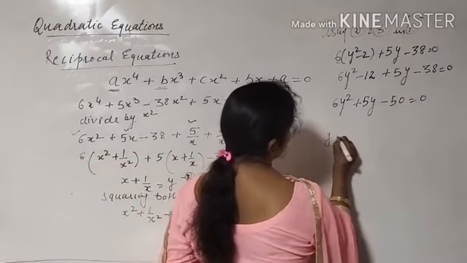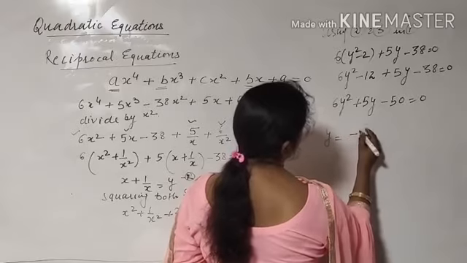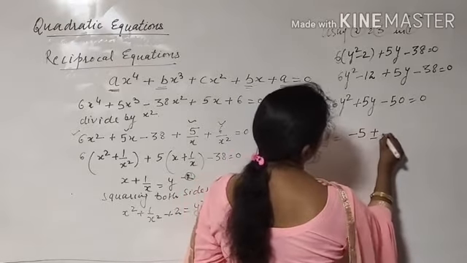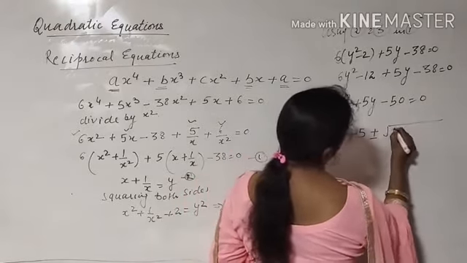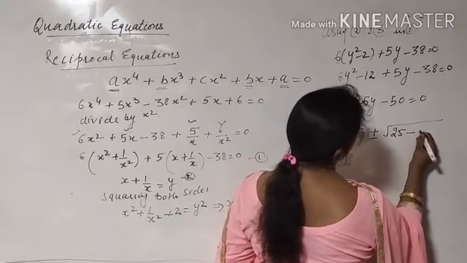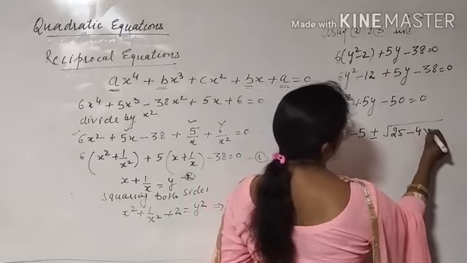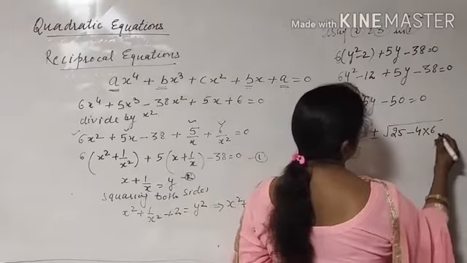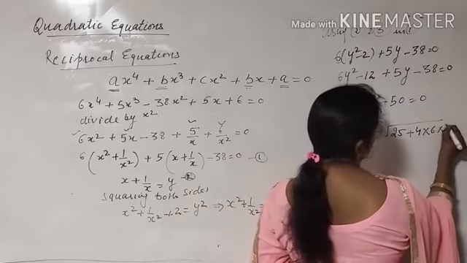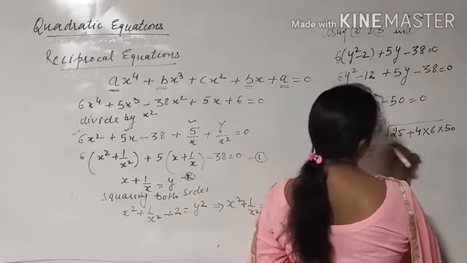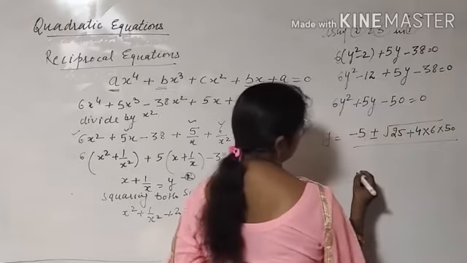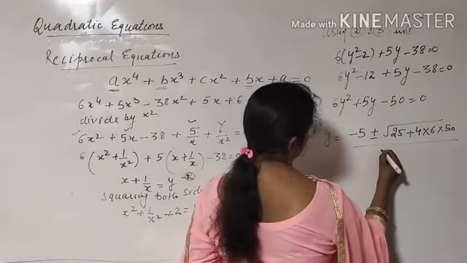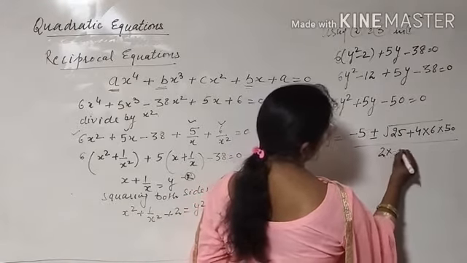This is y as minus b, that is minus 5, plus minus under root of b square, 25, minus 4 into 6 into minus 50. So it will be 50 over here, and divided by 2 into 6.